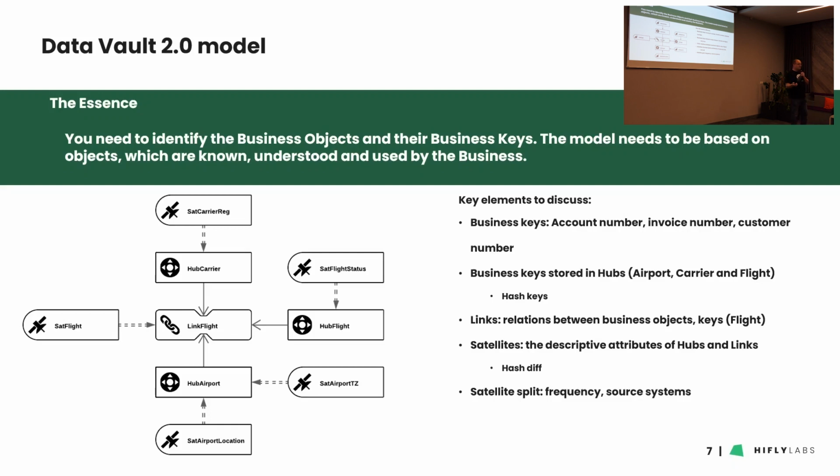For example, GDPR. So you want to separate your customers' personal information from the non-personal descriptive information, because it makes it easier to anonymize them later, to delete the personal information on request. So there are a lot of cases why it's a good idea to split satellites, and for the same hub or link have multiple satellites.